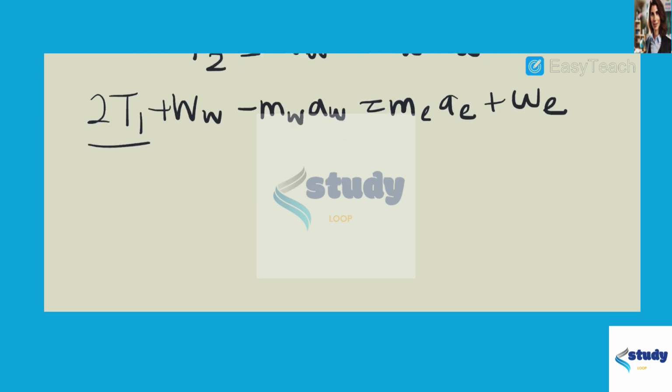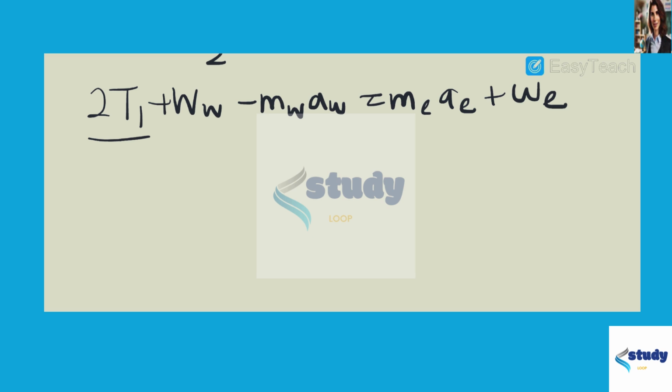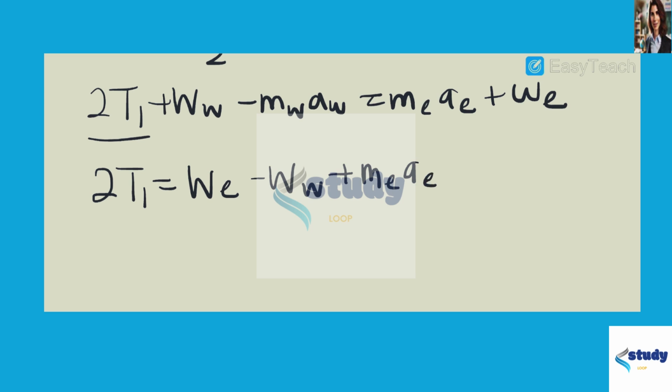Again, we're going to solve for T1 and bring everything over to the other side. So 2T1 is going to be equal to the weight of the elevator minus the weight of the counterweight plus the net force on the elevator plus the net force on the counterweight.